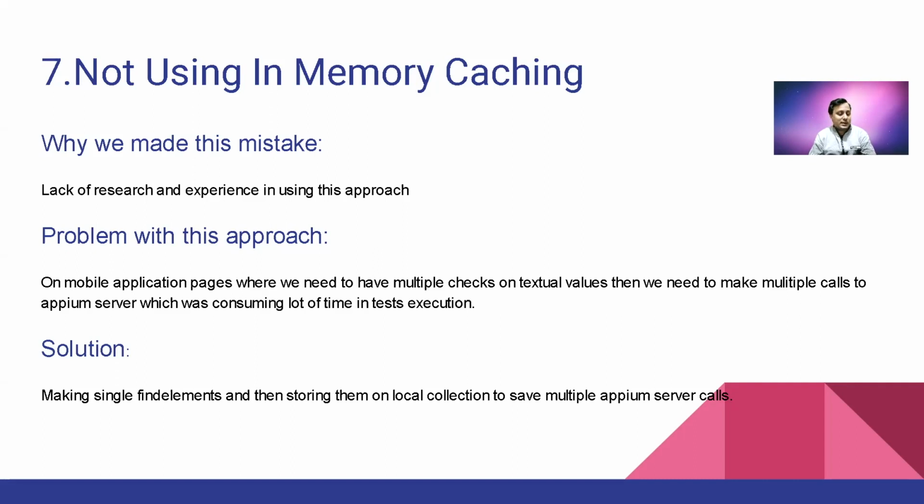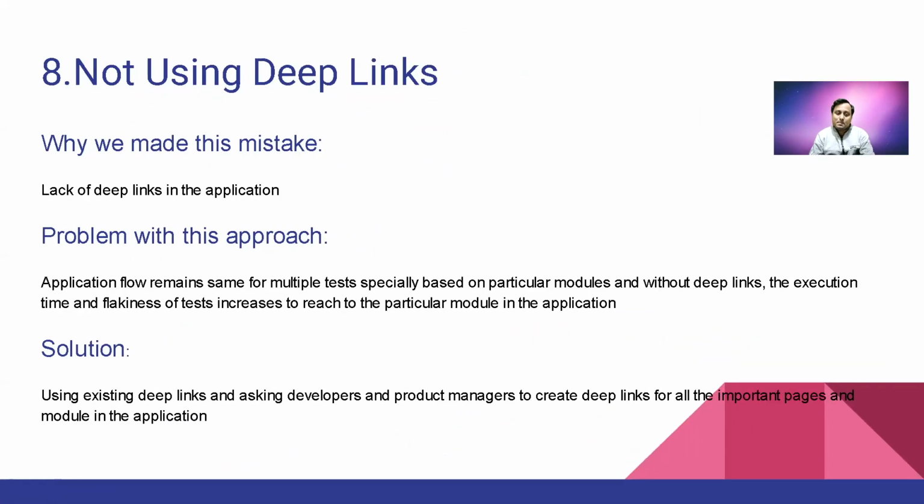So to fix that, we made one single call using find elements and multiple element properties and methods, and then stored them locally in a local collection like maps or lists, and started using verification based on the local collection rather than making APM calls every time.